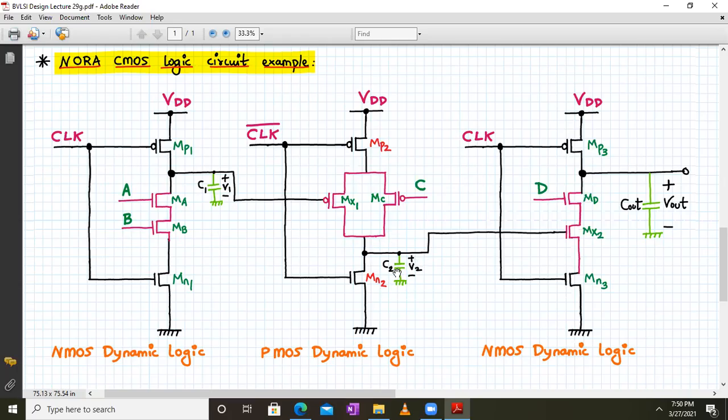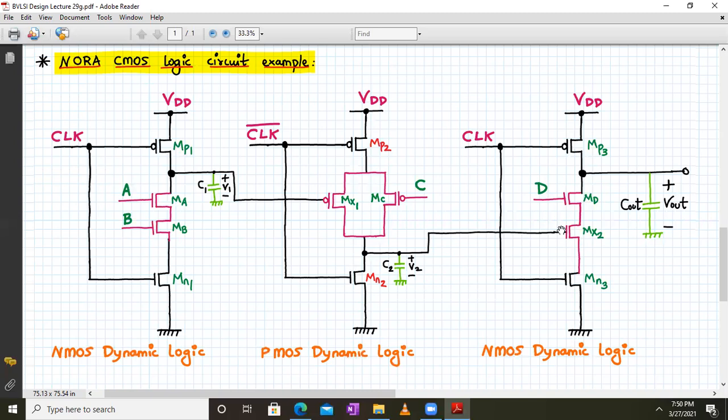We have the C2 capacitor and V2. This output V2 of the second stage is fed to the bottom of my NMOS logic gate. Here we have the MX2 transistor whose input is taken from V2, the previous stage, and we have the input transistor MD with the input D, and these two are connected in series.